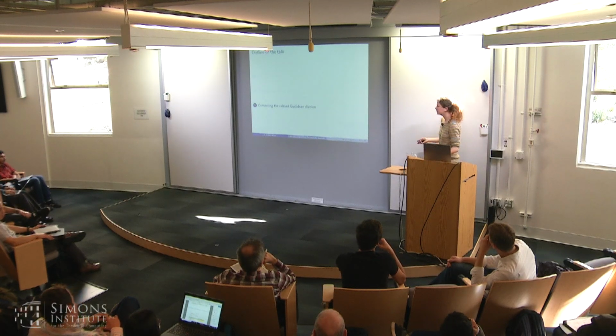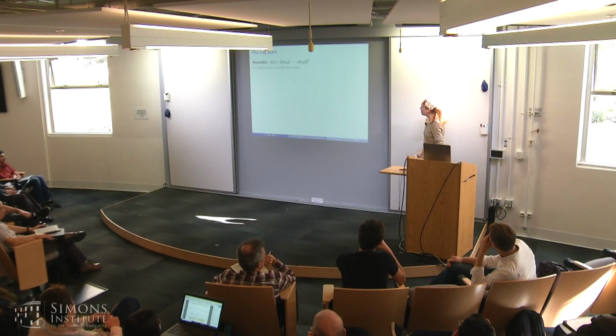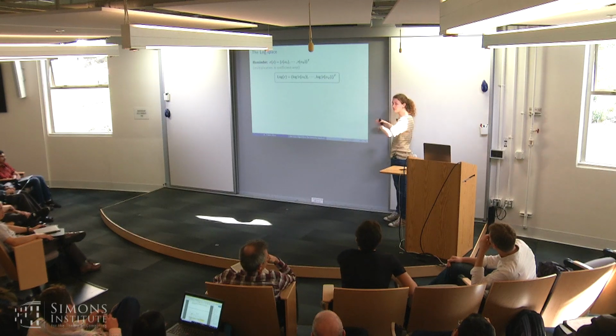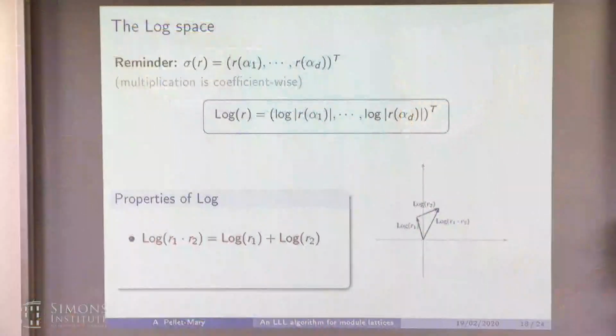Okay, so let's try to see how we can compute this x and y. I'm going to use a tool that is very useful, that is the log function, defined over k by simply taking the logarithm of the absolute value of every coordinate of my vector. This log function has some nice properties. The log of the product is the sum of the logs.